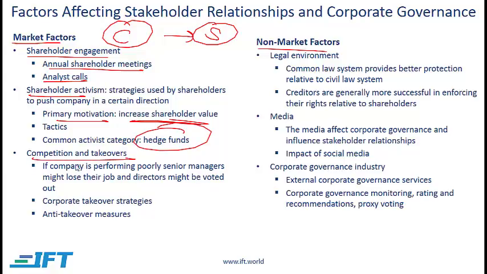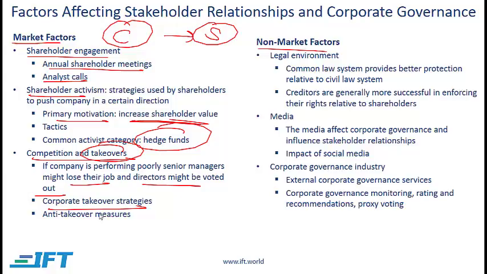Competition and takeovers. If a company is performing poorly, then managers might lose their jobs and directors might be voted out. The bigger picture here is that if a company is performing poorly, it also becomes a potential takeover target. And obviously, if a company is taken over, then the management probably will lose its job.